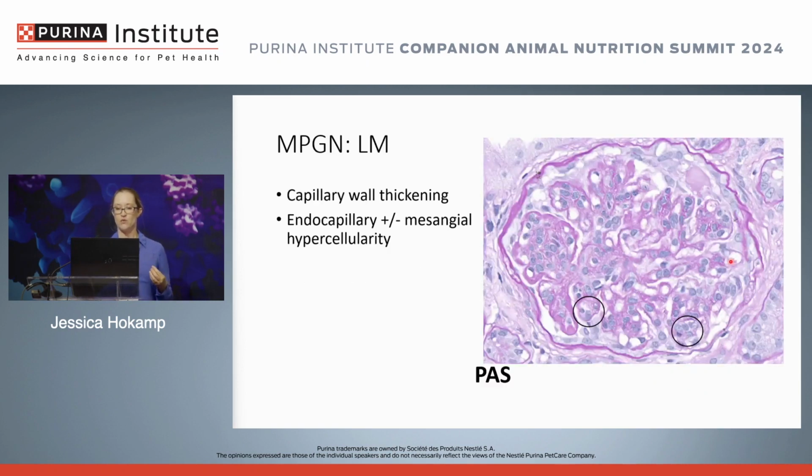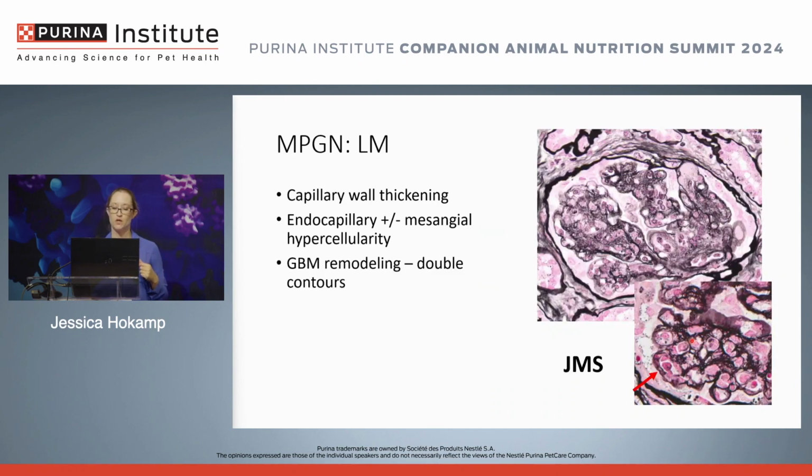And so what we tend to see in these cases, we have endocapillary and potentially mesangial cell hypercellularity, as well as podocyte hypertrophy, endothelial cell hypertrophy, mesangial cell hypertrophy, as well as influx of inflammatory cells, so we can sometimes see neutrophils in there.